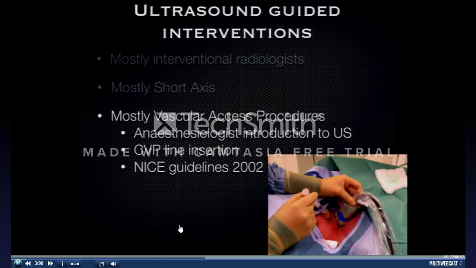In the UK, NICE, the National Institute for Clinical Excellence, published guidelines which suggested that we use ultrasound for the insertion of central lines, CVP lines, and that's really how ultrasound became well established in the UK. Because we use ultrasound in that particular way, we often stick to the method that we were shown initially.